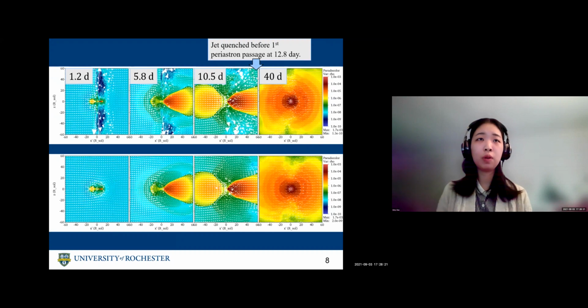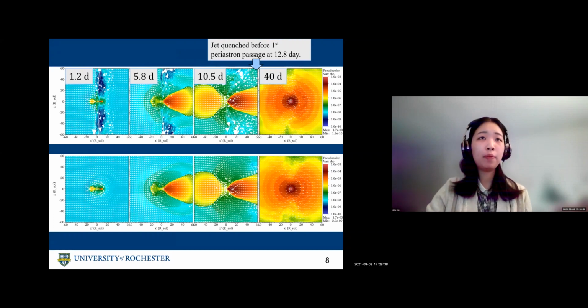Here we're still at the same perspective, but this is a time sequence showing the evolution of the total gas density. The first row is the model with jet, and the bottom row is the model without a jet.